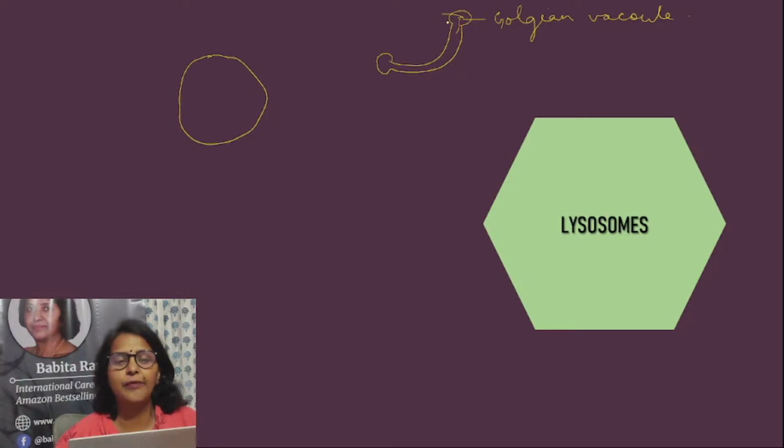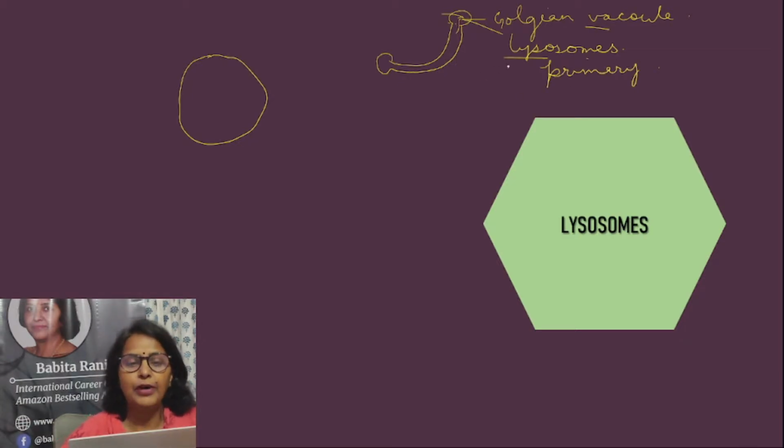It got separated from the body, and that was known as lysosomes. When lysosomes were formed from Golgi bodies, these were primary lysosomes where hydrolytic enzymes were not functional. But later on, hydrolytic enzymes become functional, and that is known as secondary lysosomes. But lysosome is formed from the Golgi bodies. So, one function of Golgi bodies was formation of lysosomes.